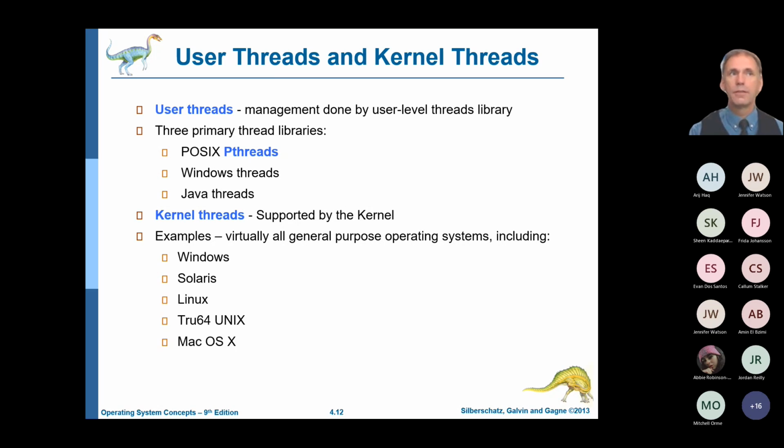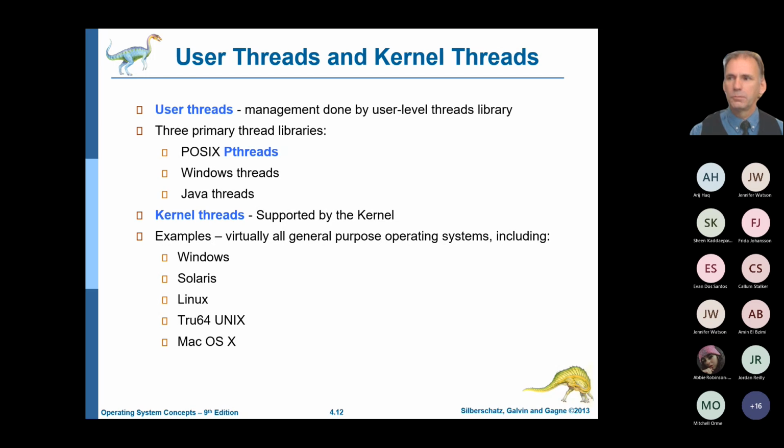And you can see there that different operating systems usually support both, including Windows. So there's a library for Windows, for example, called the Windows Threads library. And if you're writing code for Windows, you can use that library to create user threads. Those threads are then executed by the kernel in protected kernel space using its own thread system.